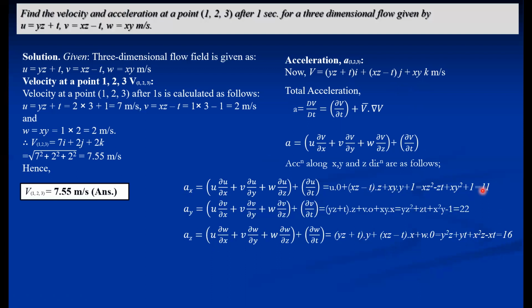So the acceleration vector is obtained by putting the values of ax, ay, and az. Simply by giving the values of u, v, and w and using the expressions of ax, ay, and az, we calculate the acceleration.